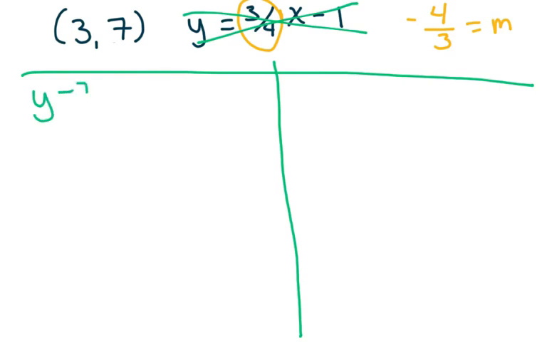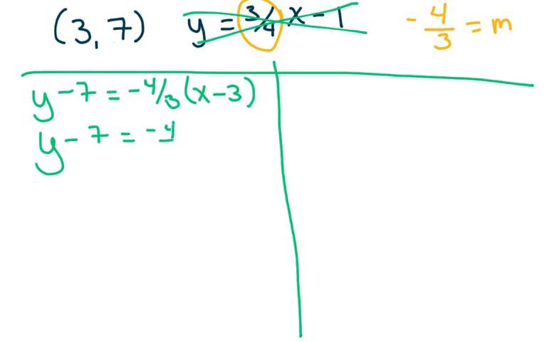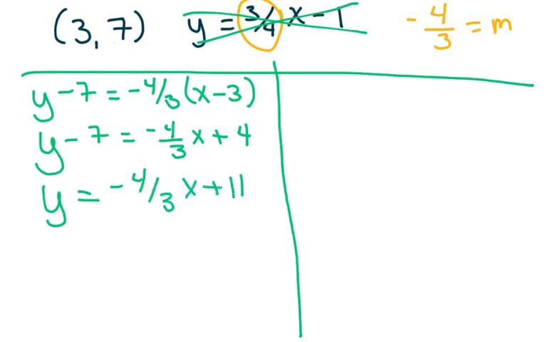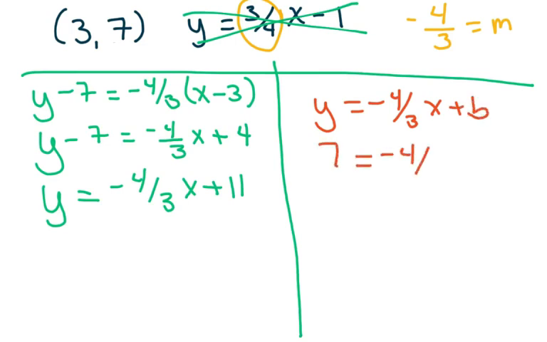So we have y minus 7 equals -4/3 times x minus 3. And then clean it up, simplify. 4/3 x plus 4. Two negatives make a positive. I'm going to add my 7. Hopefully I can do this right. So that's going to be 11. Now, let me do it the way I like to do it. y equals -4/3 x plus b. Plug in your 7, and your x and your y.